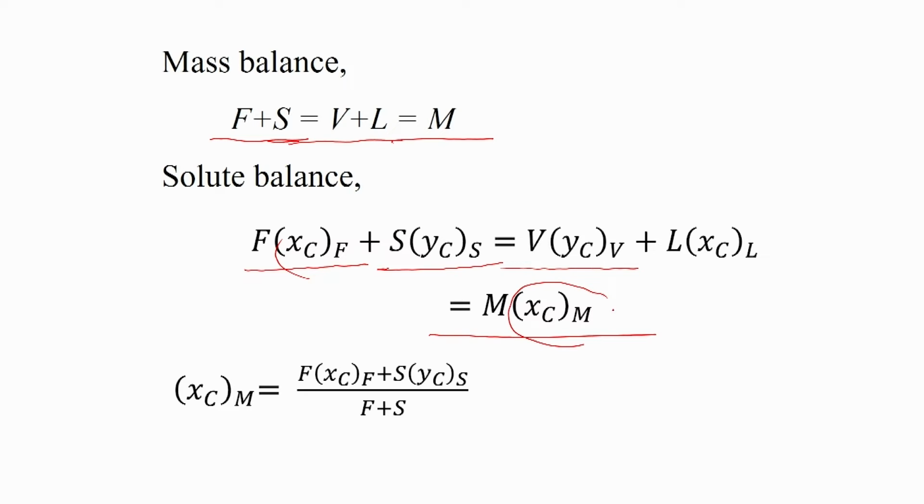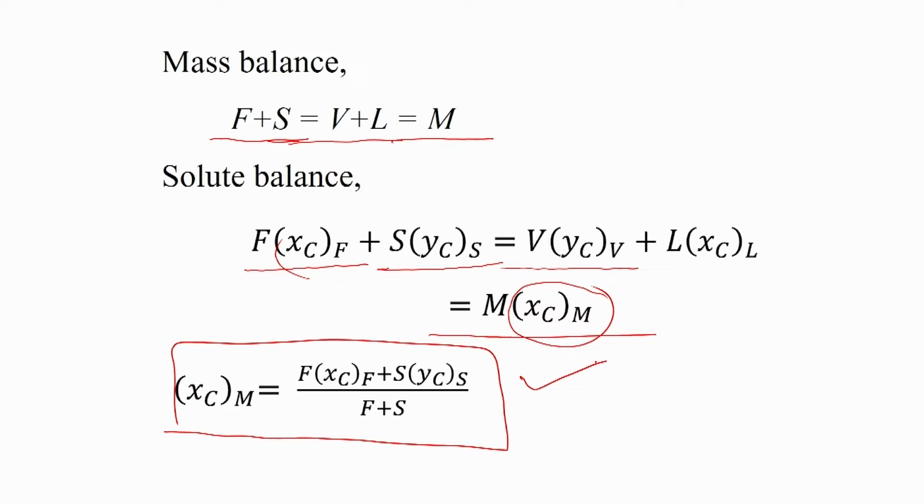This is the concentration of the solute in the mixture, a fictitious concentration. So, XCM is F XCF plus S into YCS divided by F plus S, or V plus L.